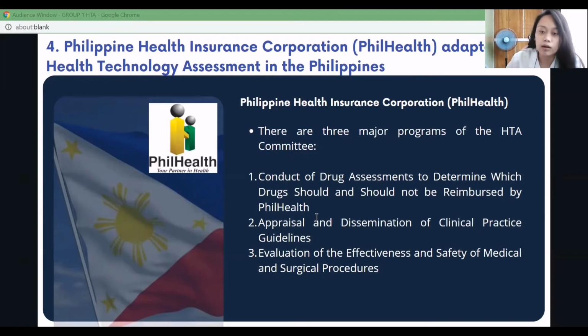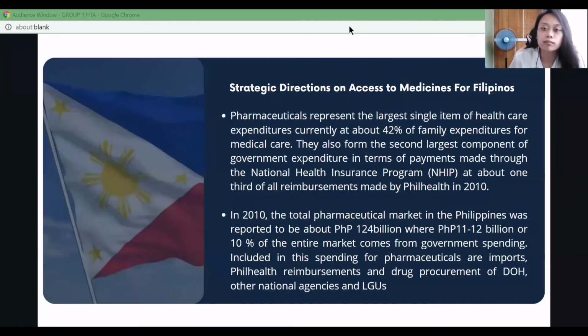Next is the evaluation of effectiveness and safety of medical and surgical procedures. One of the goals of the committee is to support providers' efforts in adhering to the law that accredited providers are required to use only effective and appropriate medical and surgical interventions.